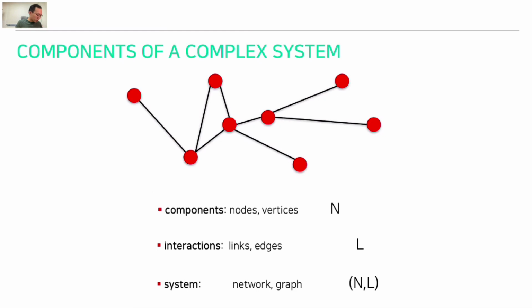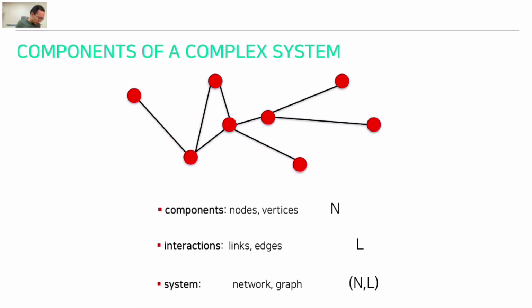So let's get started with the components of a complex system. We have several basic notions in the complex system, which is also called a graph or network. We use the terminologies interchangeably, and we will give some idea about how they are different.